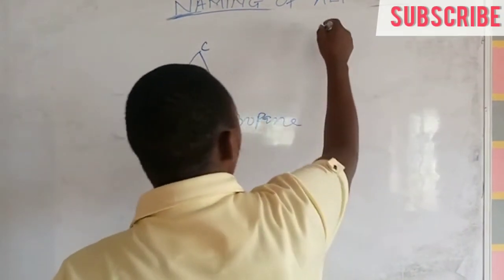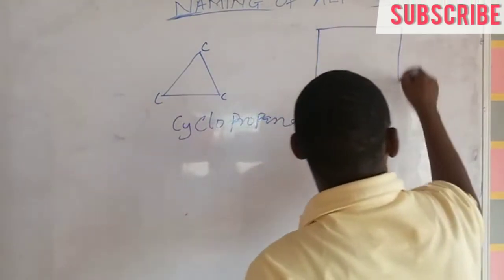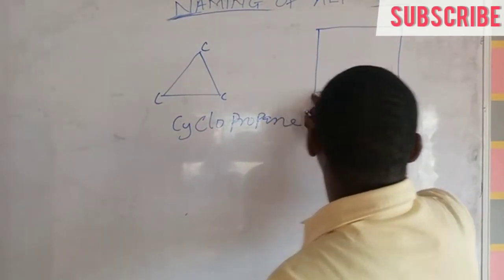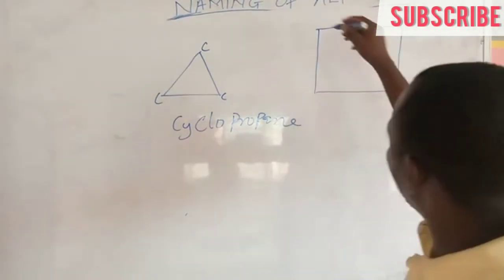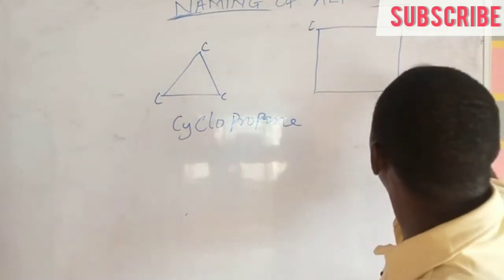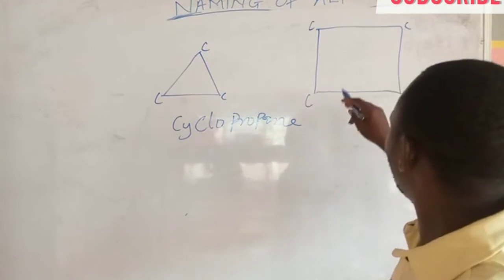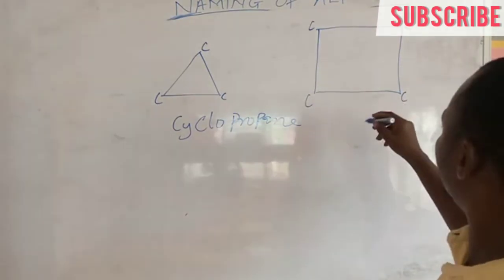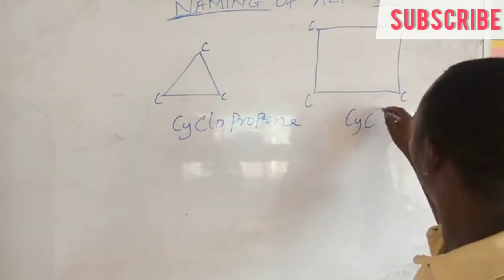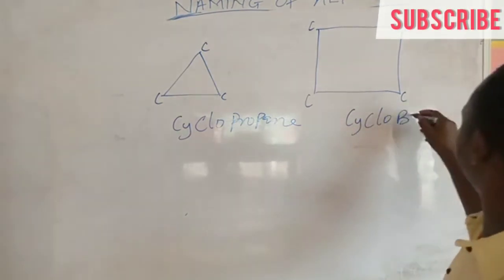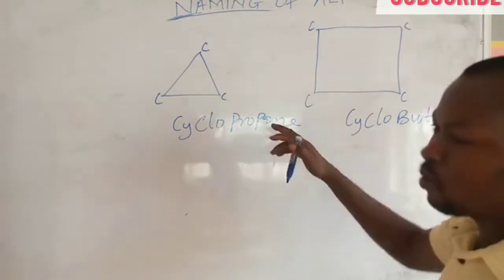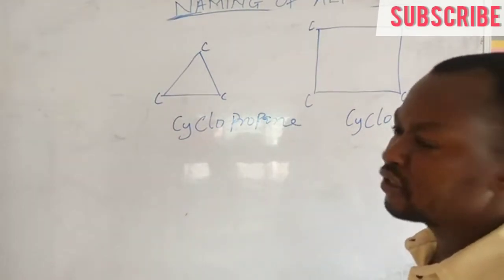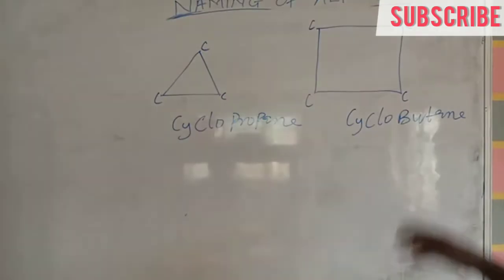So we can also have this. You can have it in the form of a square. That means I have a carbon here, another carbon here, another carbon here, another carbon here. So that is 4. So this is cyclobutane. Just include cyclo, then call the name. So cyclobutane.